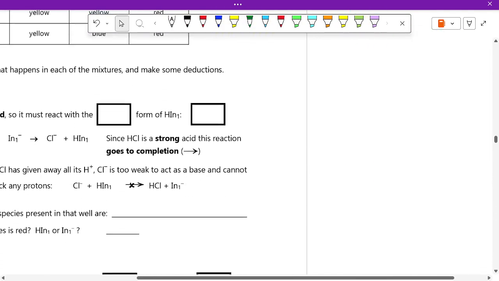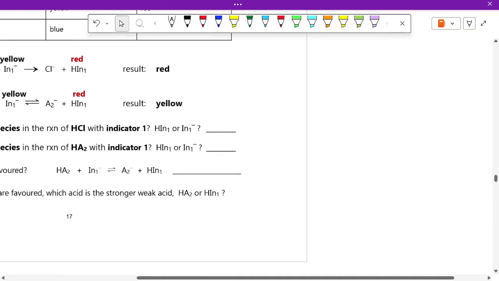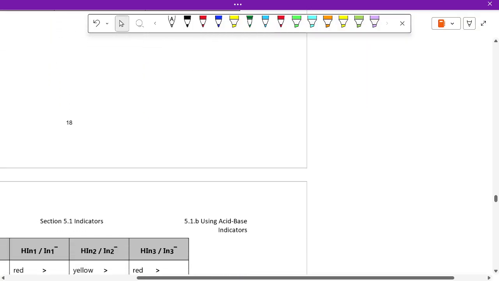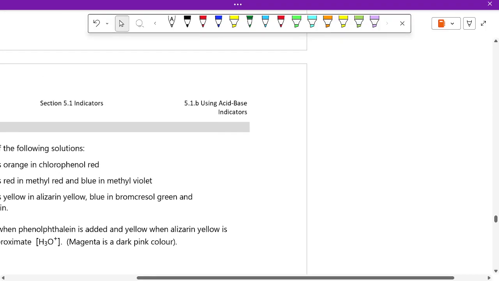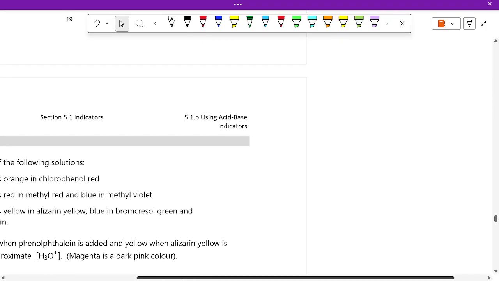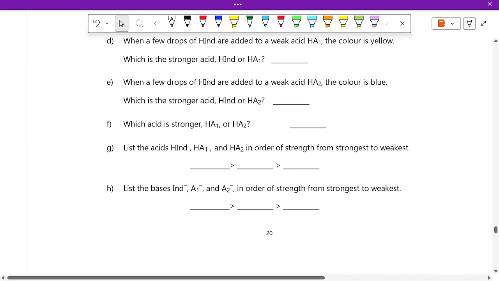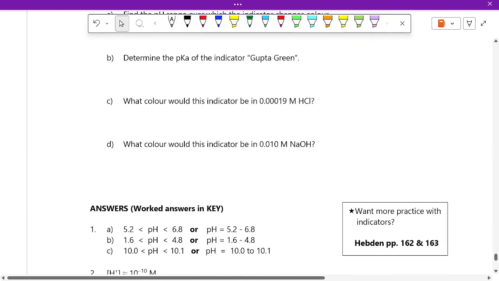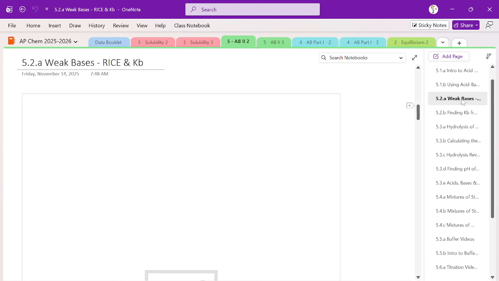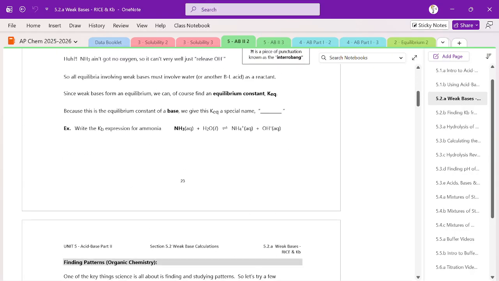There. And we didn't need to do any of that. Okay, and then there's some questions here, which is nice. But we're going to move on to 5.2, page 23.